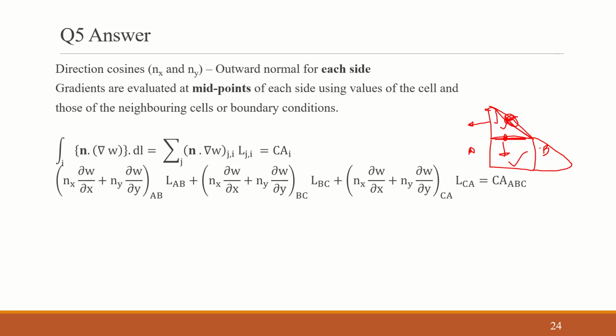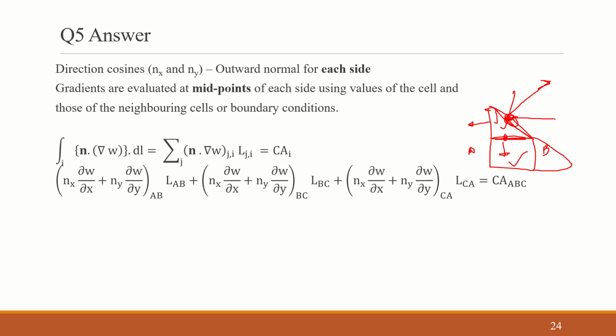If it is like this, we resolve it. The outward normal will be in this direction, and for that we get nx and ny. Gradients are evaluated at the midpoints of each side using values of the cell and those of the neighboring cells, or from the boundary condition information.